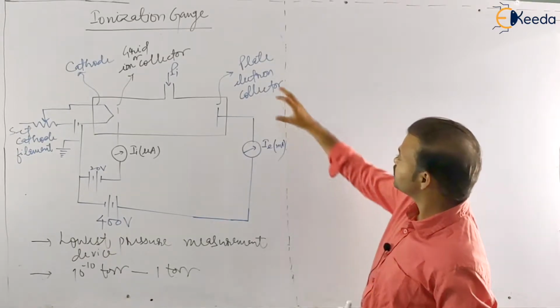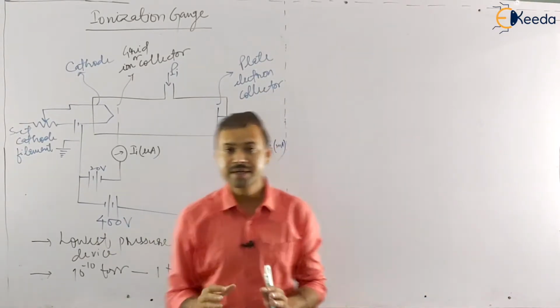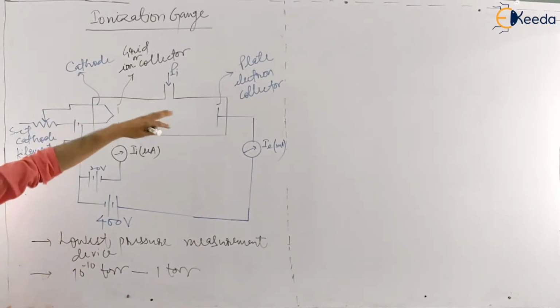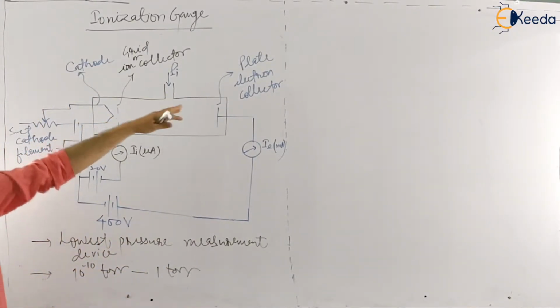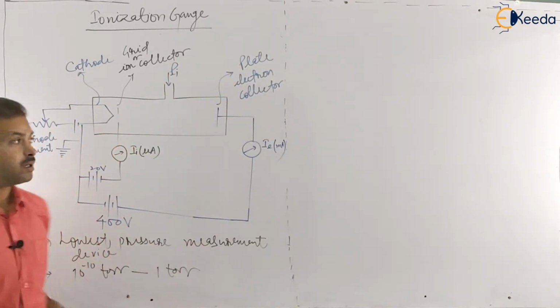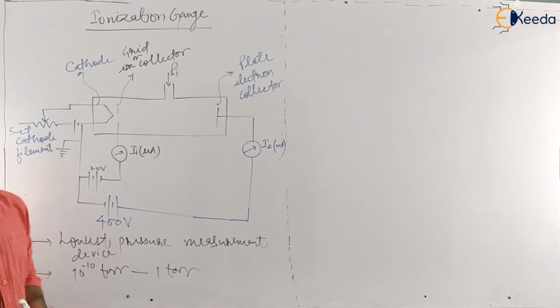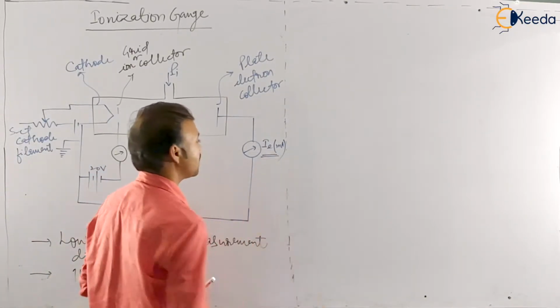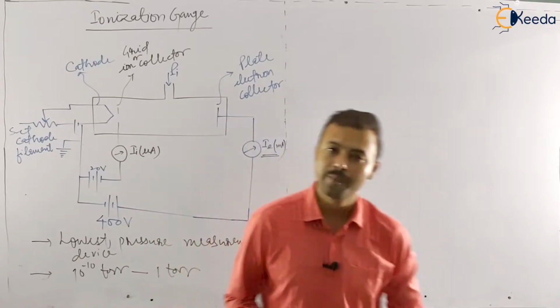Those electrons are collected by the plate electron collector. So IE is in the range of milliampere.